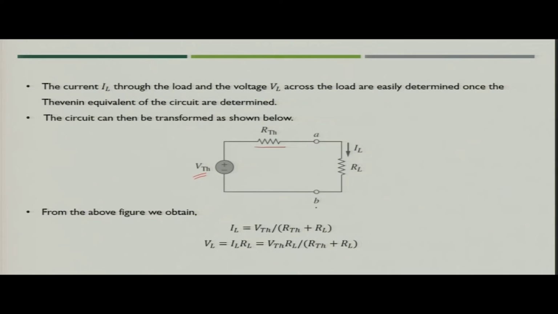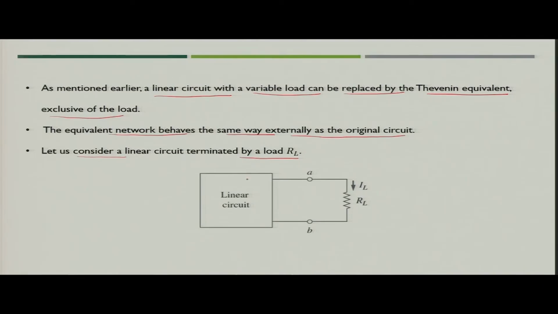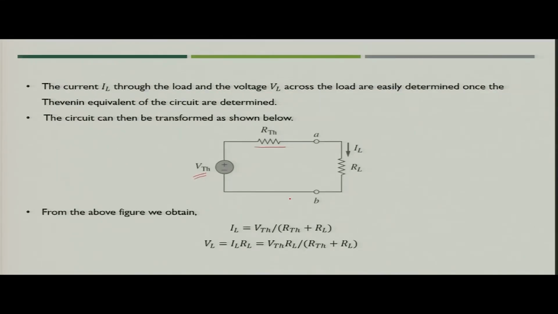This would be the equivalent circuit of the original circuit, where the linear circuit is not known to us and we are simply replacing it with the Thevenin equivalent. How will we calculate the value of current IL? Simply, the value of current IL would be the voltage VTH divided by RTH plus RL. That is simply Kirchhoff's voltage law, which you can apply to get the value of current IL.